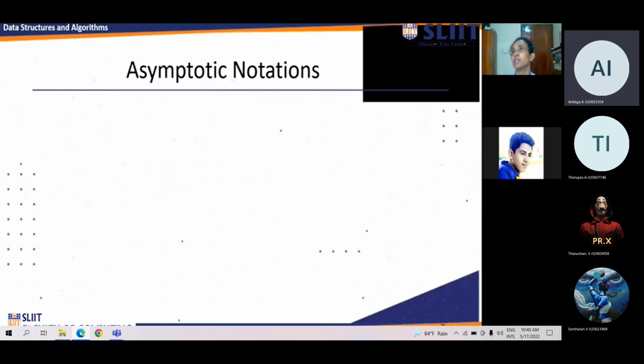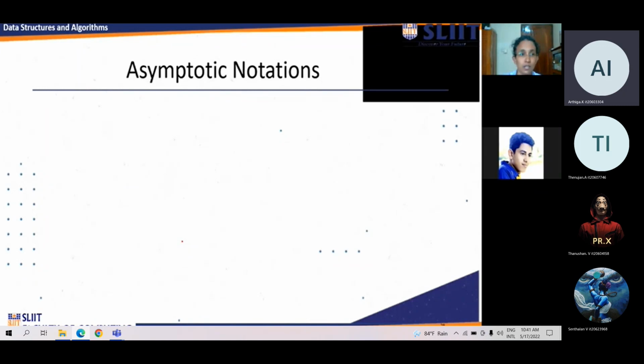This is the fourth analysis technique. I told you we are not using asymptotic notations today, actually we are using exact analysis from the research point of view, because with exact analysis the answer is 100% correct.